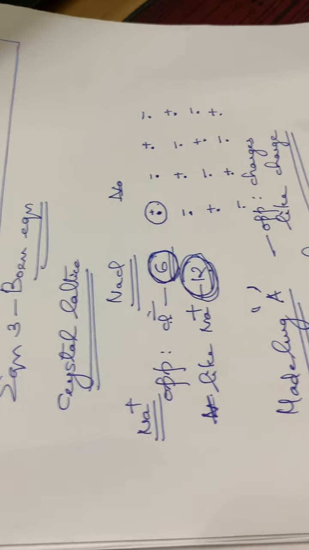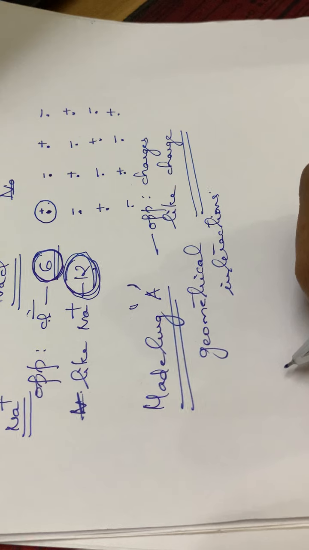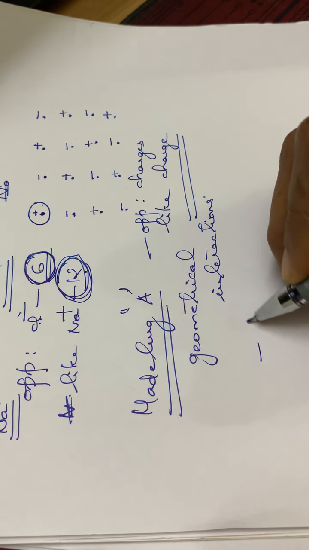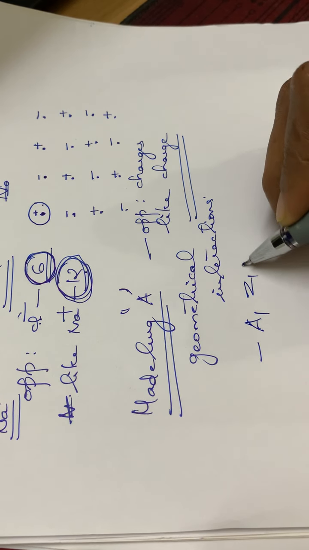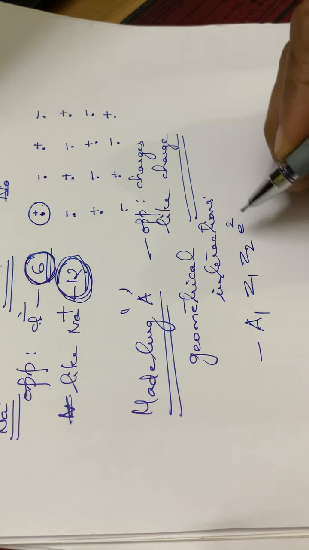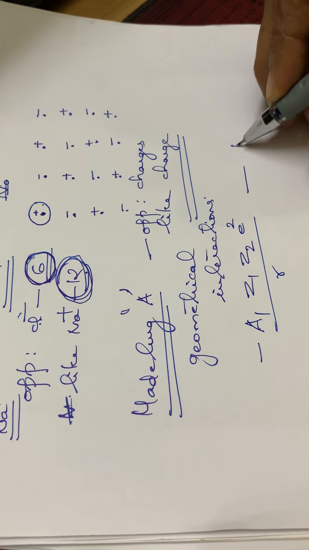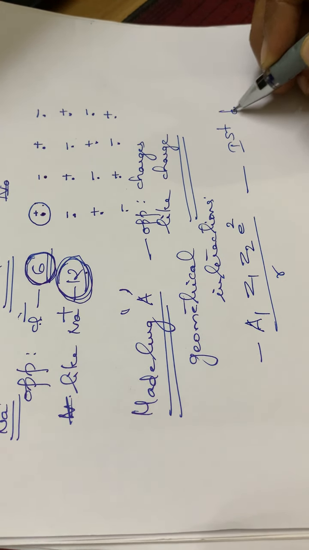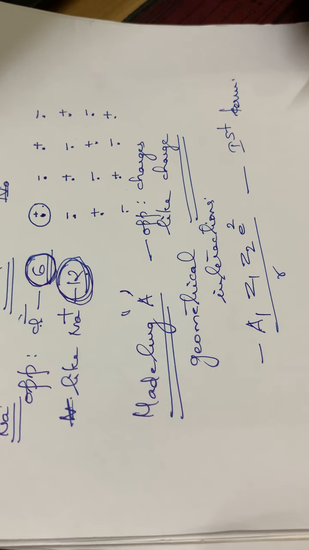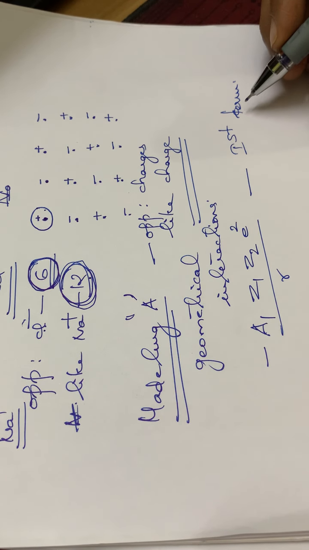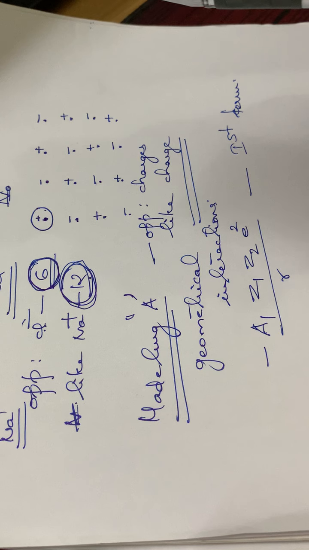Okay. So the first term in the Born equation becomes minus A Z1 Z2 e square divided by r. This is the first correction term in the Born equation. Okay. So this first term is regarding the attractive force, isn't it?